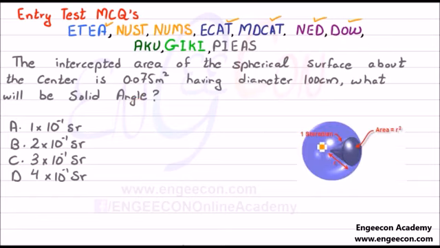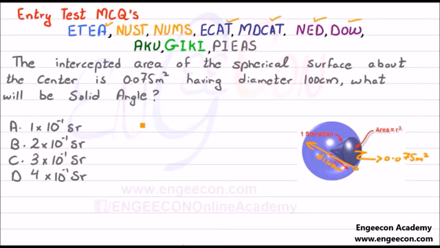This MCQ can be explained with the help of this figure: we have a spherical surface and the intercepted area is equal to 0.075 meters square, and the diameter is equal to 100 centimeters.